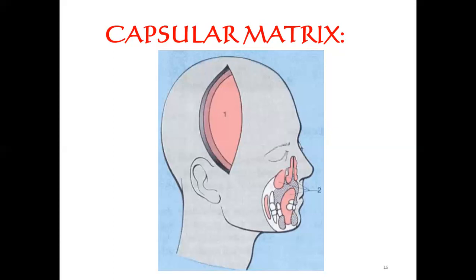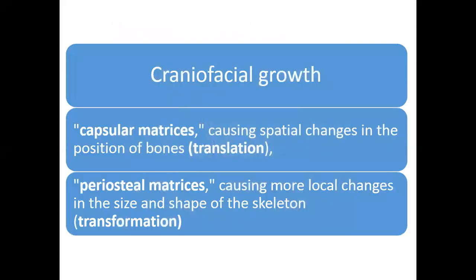That is, as the air spaces expand, all the skeletal parts also get displaced. So there will be a secondary compensatory translation in size and shape of the skeletal units as a result of the expansion of the air spaces. That's what functional matrix theory explains in the case of periosteal matrix and capsular matrix.